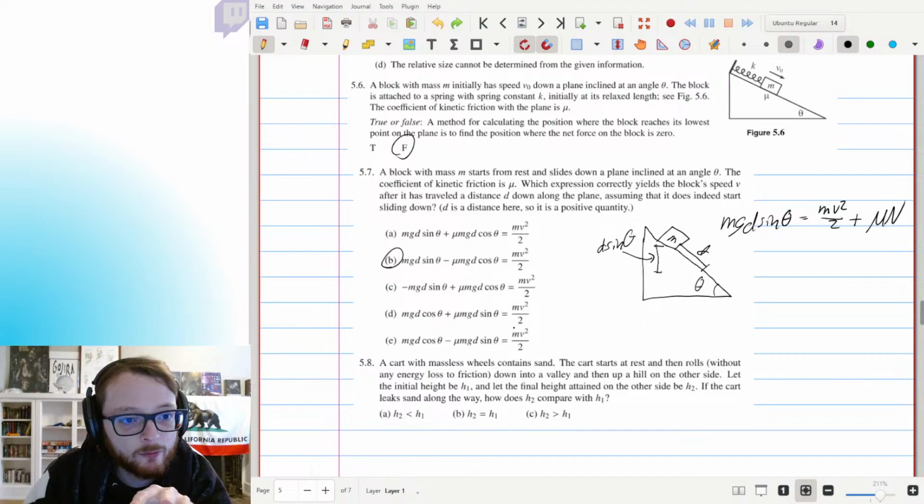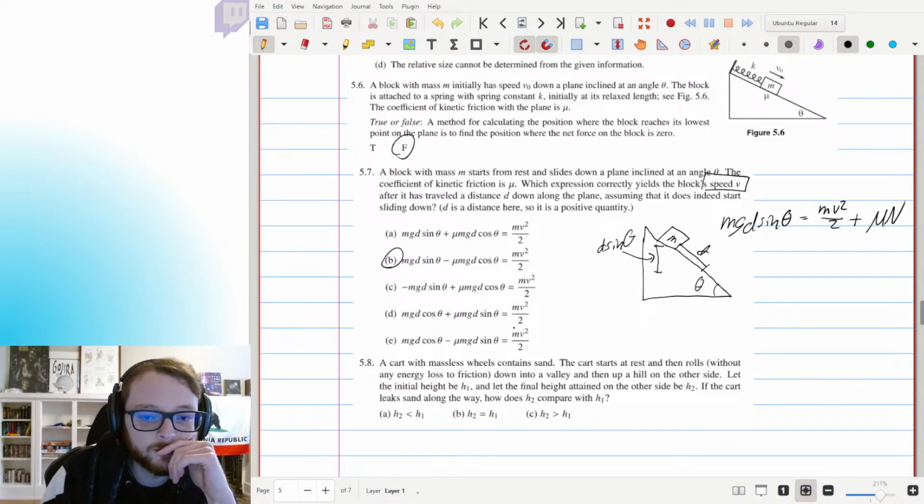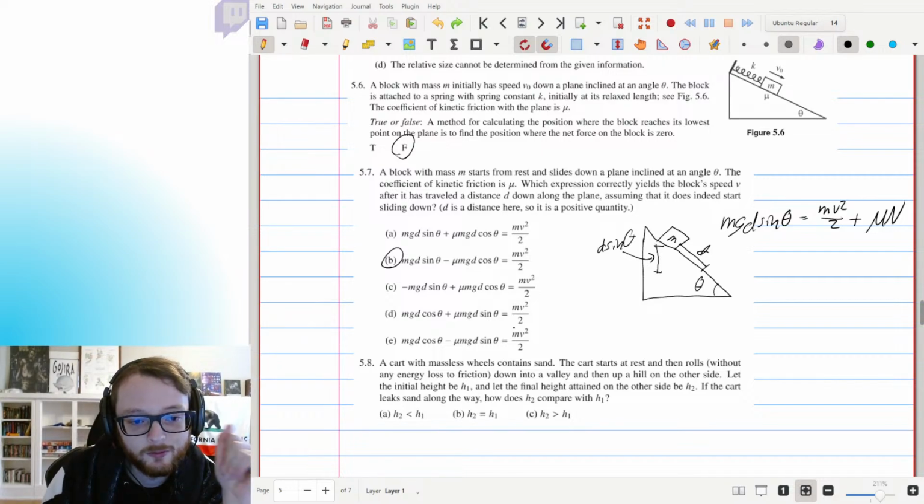You multiply by mu to get the force due to kinetic friction. And then you integrate that from 0 to d to get the work done by friction. And that would be in addition to the kinetic energy. You would solve this expression for v, and that's why they subtracted the friction work over to the left side. So I think B is the answer.